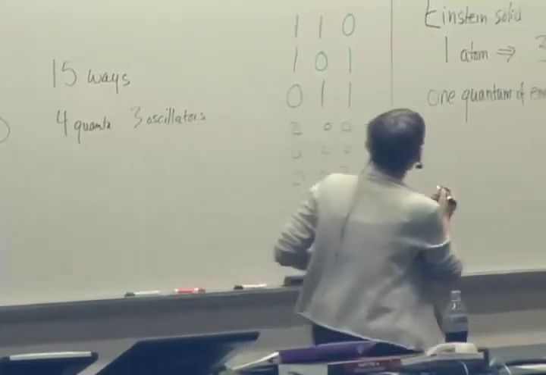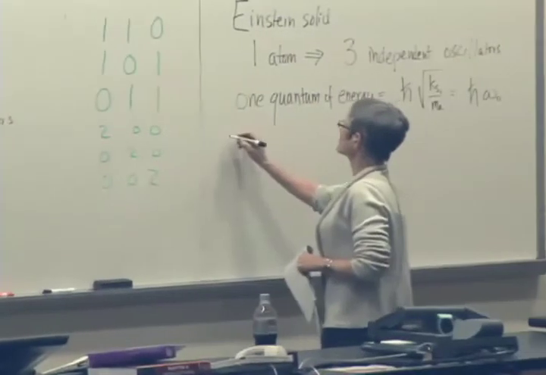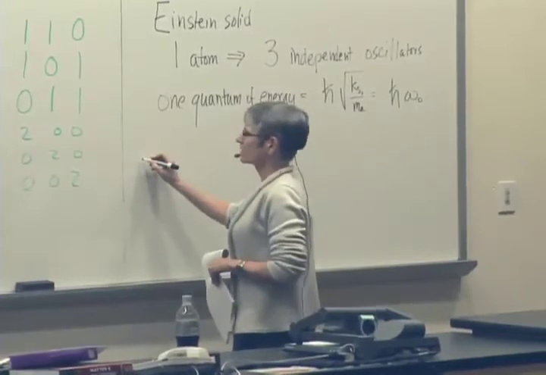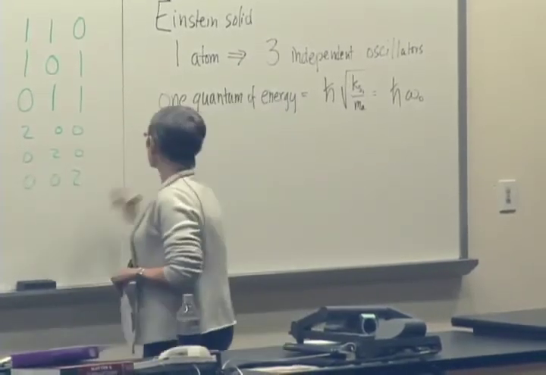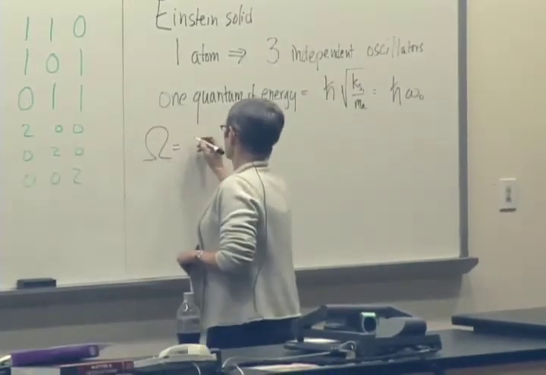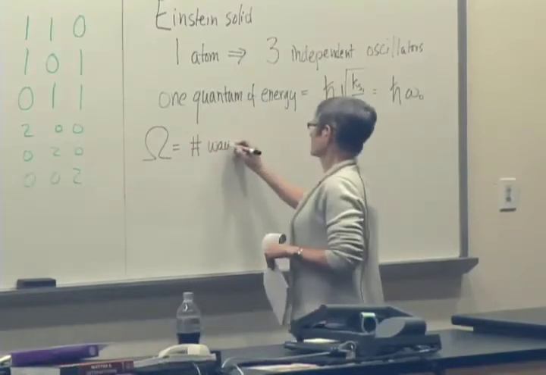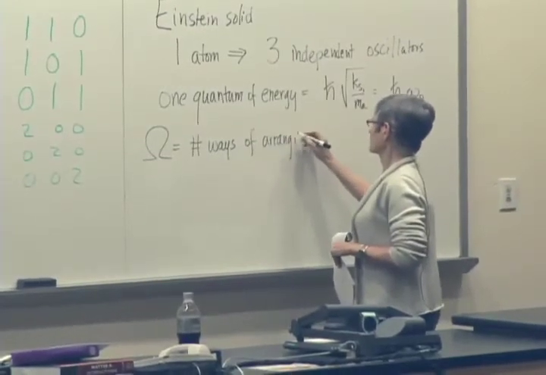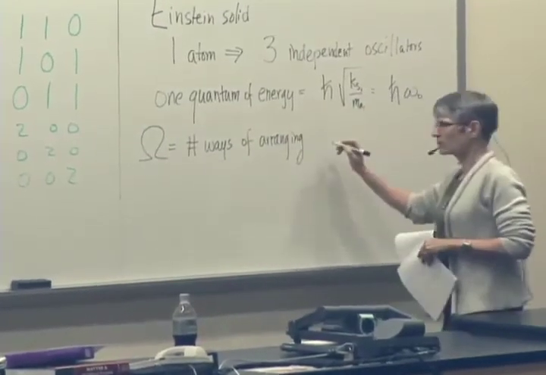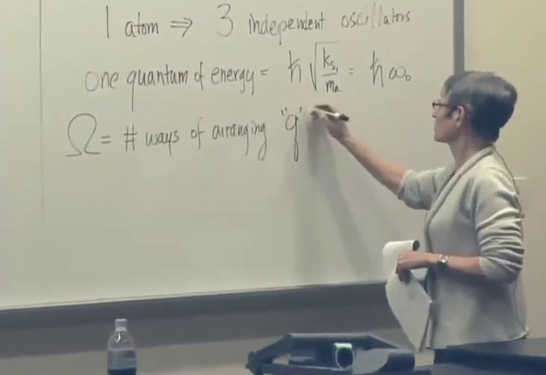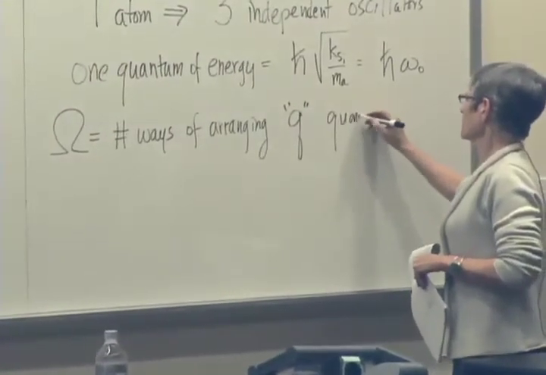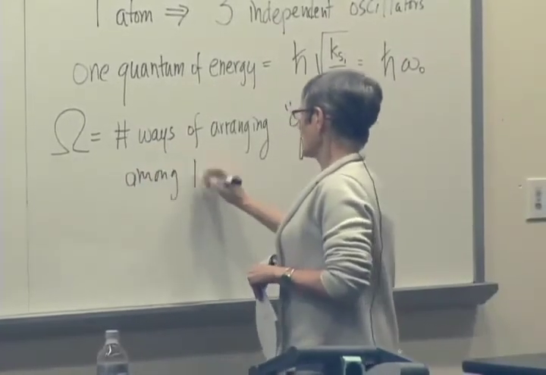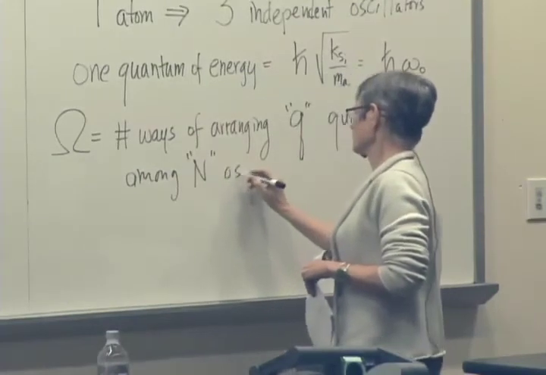And it turns out that the number of ways, we call it capital omega, I'm not sure why, the number of ways of arranging some number of quanta, q quanta, among n oscillators.